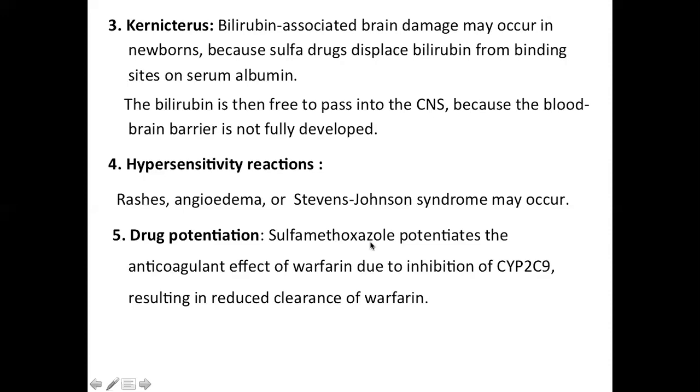As we have studied in the previous lectures, a drug with the property of enzyme inhibition can increase the concentration of another drug if it acts on the isozymes responsible for the metabolism of warfarin. For example, in this case, if the patient is taking sulfamethoxazole as an antibiotic, and at the same time that patient is taking warfarin as an anticoagulant.